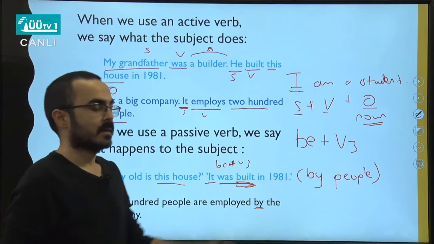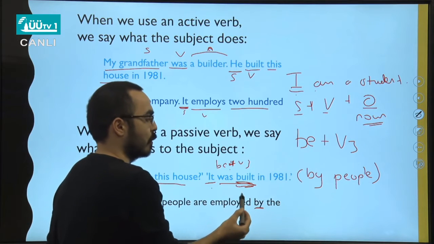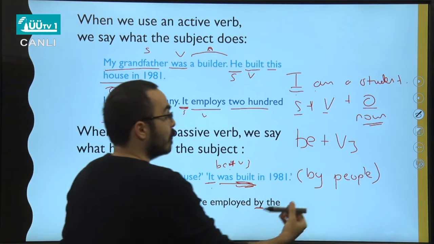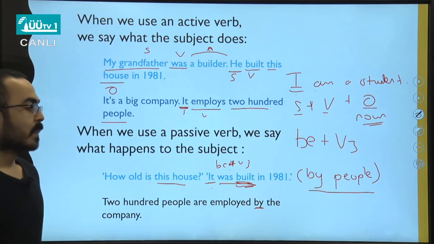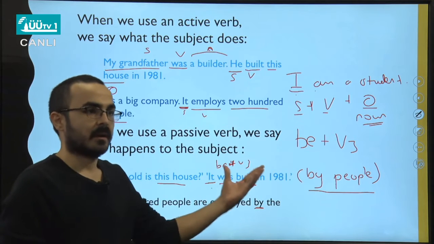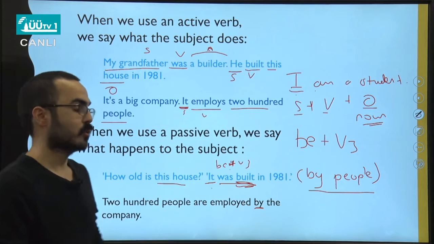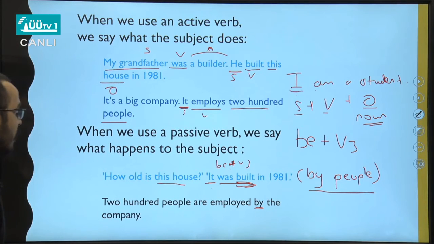Was built. Now I have my object and my be plus verb 3 and the rest of my sentence, okay? And my subject is in the second plan now, by people. So people built this house in 1981, if I wanted to say this in active voice. But in passive voice, it was built in 1981.